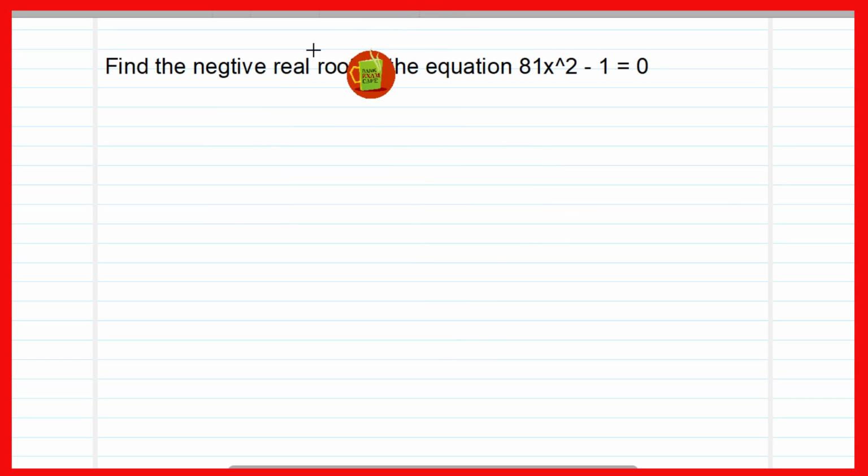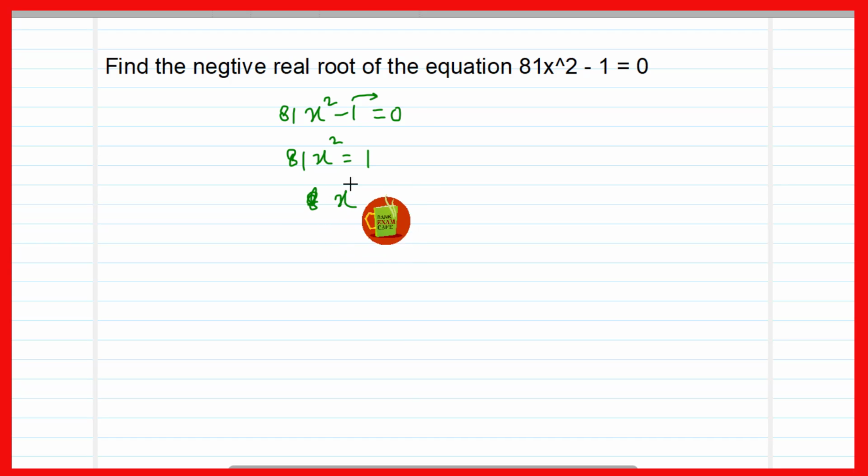Now see another question. Find the negative real root of the equation 81x squared minus 1 is equal to 0. The given polynomial equation is 81x squared minus 1, which is equal to 0, and we have to find the negative root of this equation. So if you take 1 to the other side, it will be 81x squared, that is equal to 1. Now take 81 to the other side, so it will be x squared, which is equal to 1 by 81.